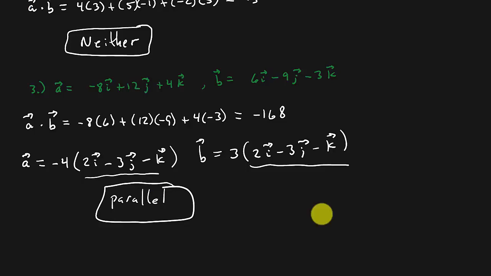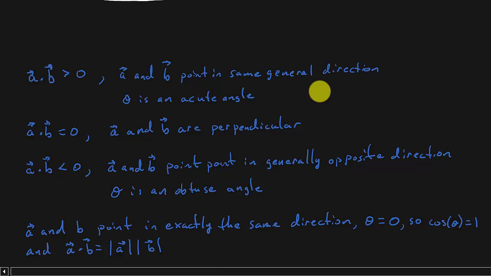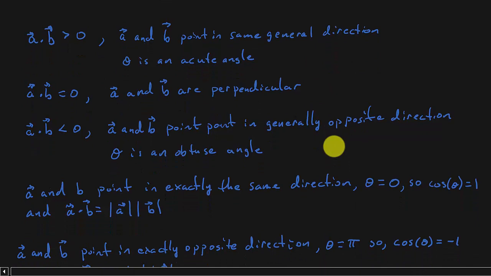All right, so let's continue on. Okay, so this is where I was going to talk more about when we talked about the vectors being parallel and that kind of stuff. So look at this.